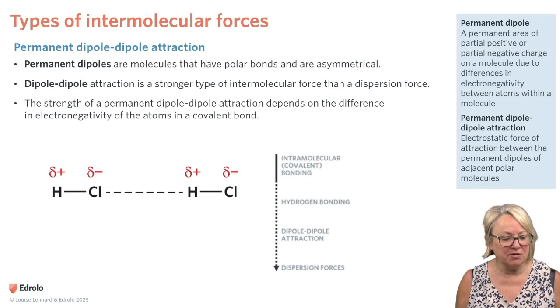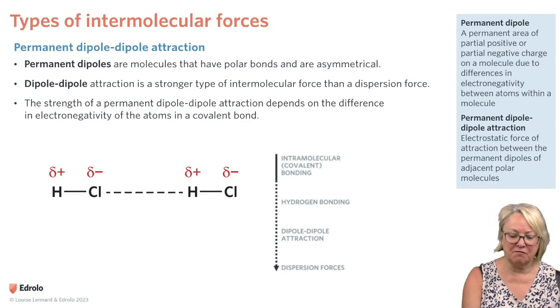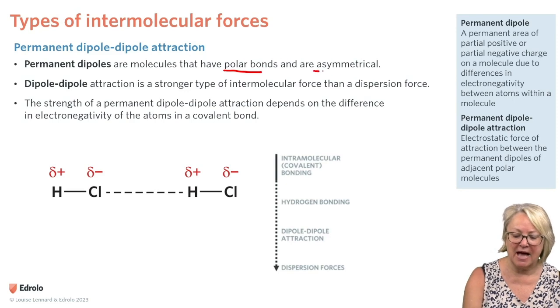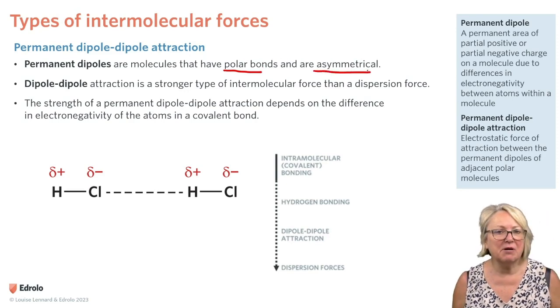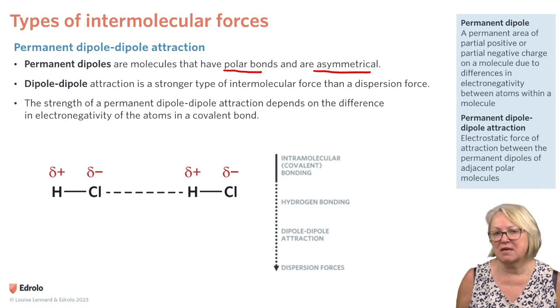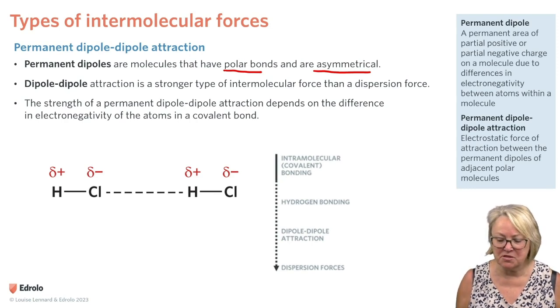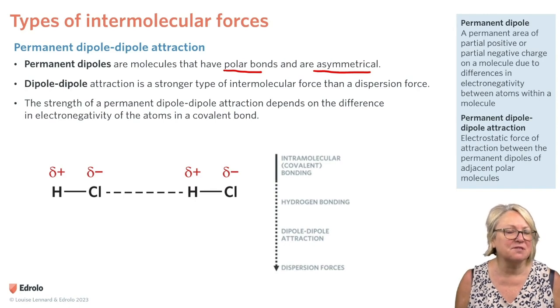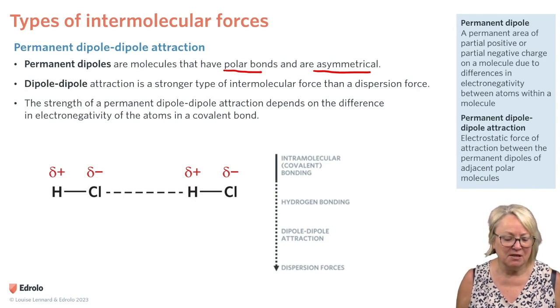The next strongest type of intermolecular force are permanent dipole-dipole attractions. So permanent dipoles are molecules that have polar bonds and are asymmetrical, and dipole-dipole attraction is a stronger type of intermolecular force than a simple dispersion force. The strength of a permanent dipole-dipole attraction depends on the difference in electronegativity of the atoms in a covalent bond.